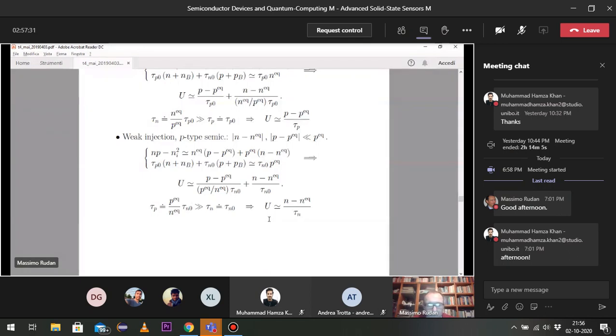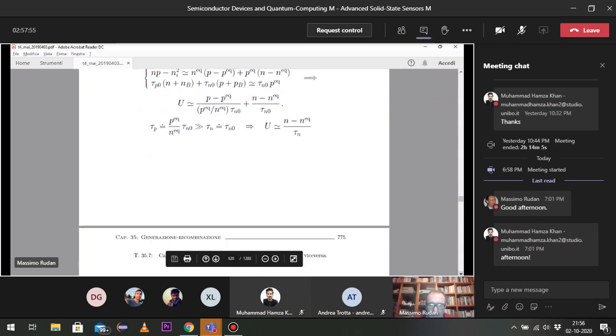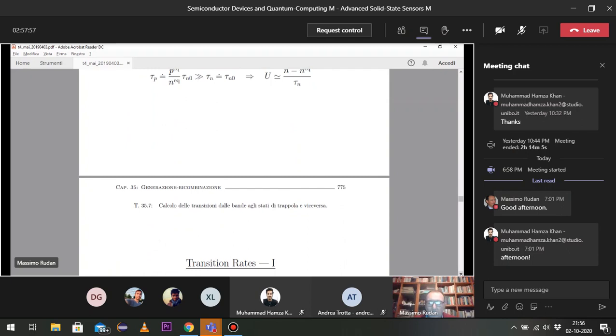So the subdivision of the domain of a semiconductor into regions, in which some of them are in the full depletion condition and the others are in the weak injection, is extremely useful for solving analytically the semiconductor model. Of course, if we are doing a numerical solution, we don't care.